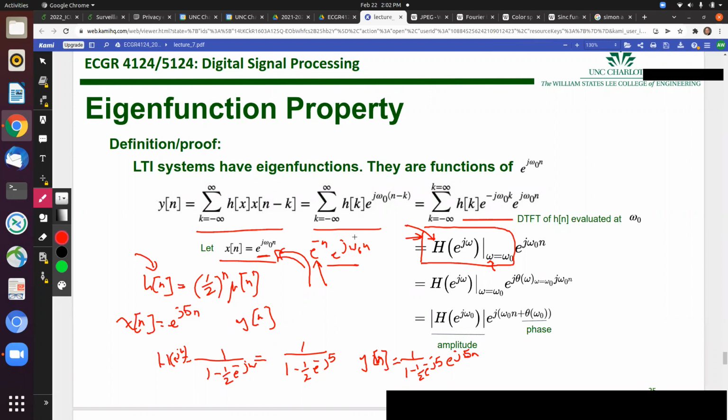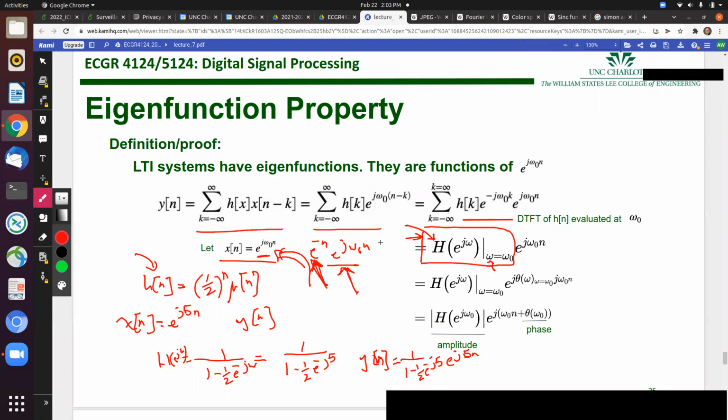But because it's a function of n, it's a separate function. It's the product, and this ends up being the modulation property. You're multiplying two functions. So in the Fourier domain, this would be the convolution of the Fourier transform of this with the Fourier transform of that. This is a delta function, so the Fourier transform of this is centered around that frequency. But you wouldn't give us something like that.